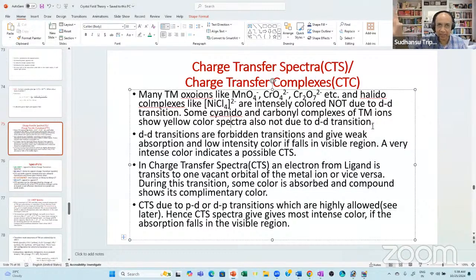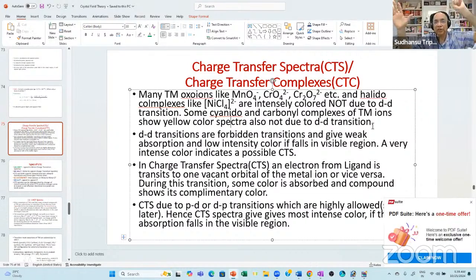Pi acceptor ligands like cyanide, like pyridine, like phenanthroline, like nitrito, carbonyl. They have a pi bond, they have an antibonding orbital, pi star. So that will receive the electron from the t2g or eg set. During that, it will absorb radiation and that will give an absorption peak, and we predict the color as its complementary color that we see.